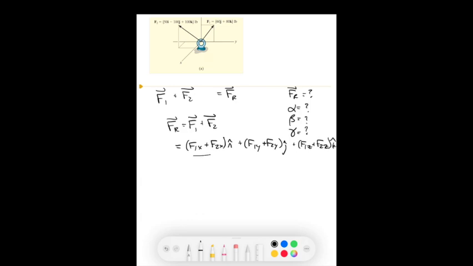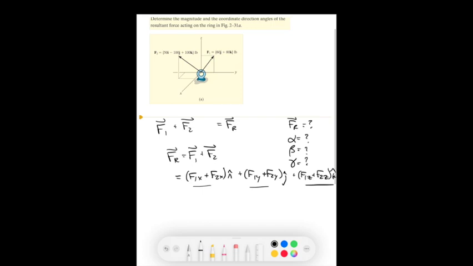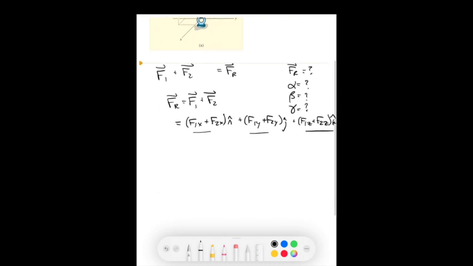So we have the x, y, and z components. Well, we have this information given to us. We are told that F1 and F2 each have x, y, and z components as shown there. So at this point we could just plug those values in.